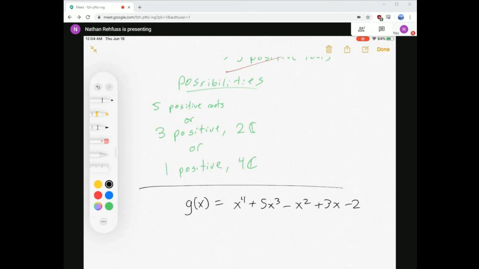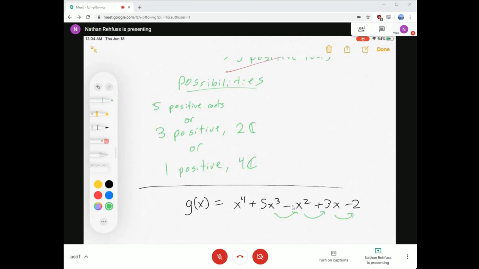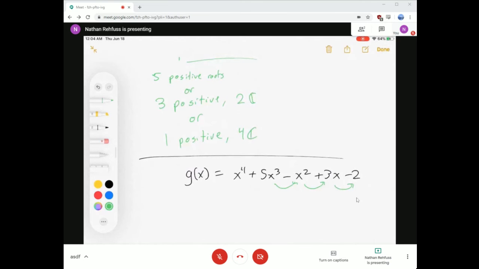How many sign changes are there? 1, 2, 3. Positive to negative, negative to positive, positive to negative. This is not a sign change because it goes positive to positive. Just a side note, your polynomial has to be in standard form for this to work. You have to have these written in order. If they're not written in order, it doesn't work. So biggest degree to smallest.